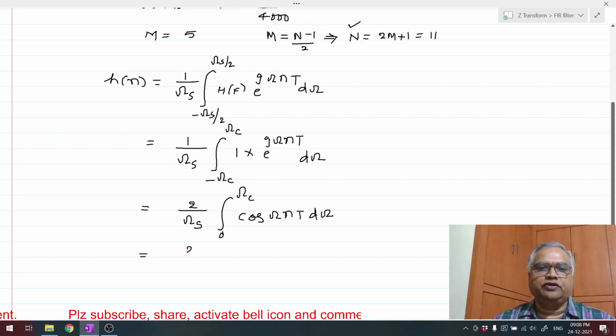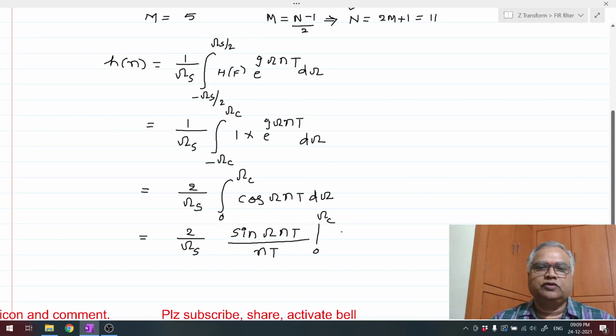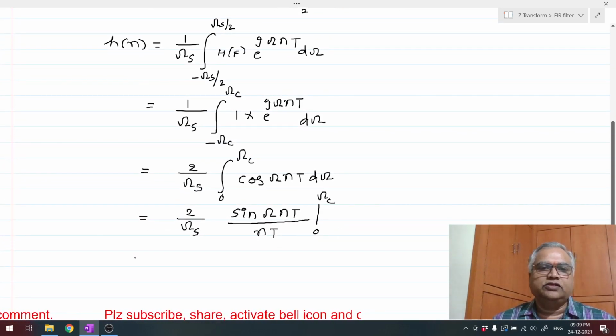This we have to simplify, 2 by omega s. What is the integration of cos? It is sine omega n T by nT. And the limits are from 0 to omega c.